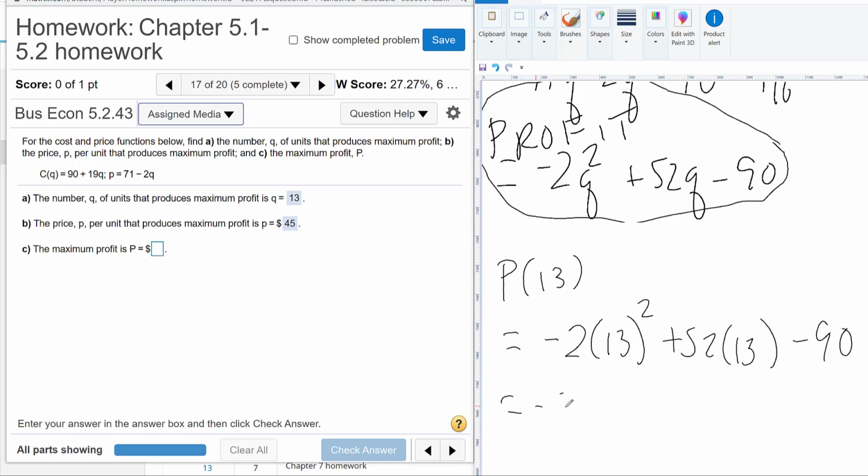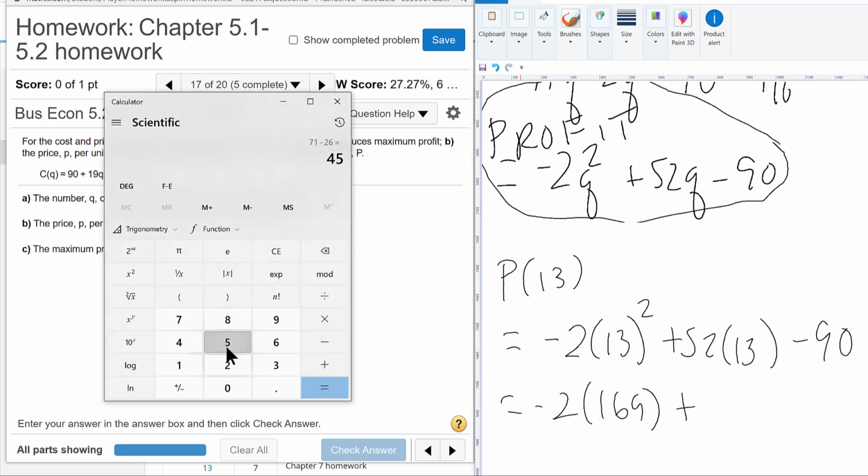So that's going to be negative 2 times 169 plus 52 times 13, 676, minus 90.